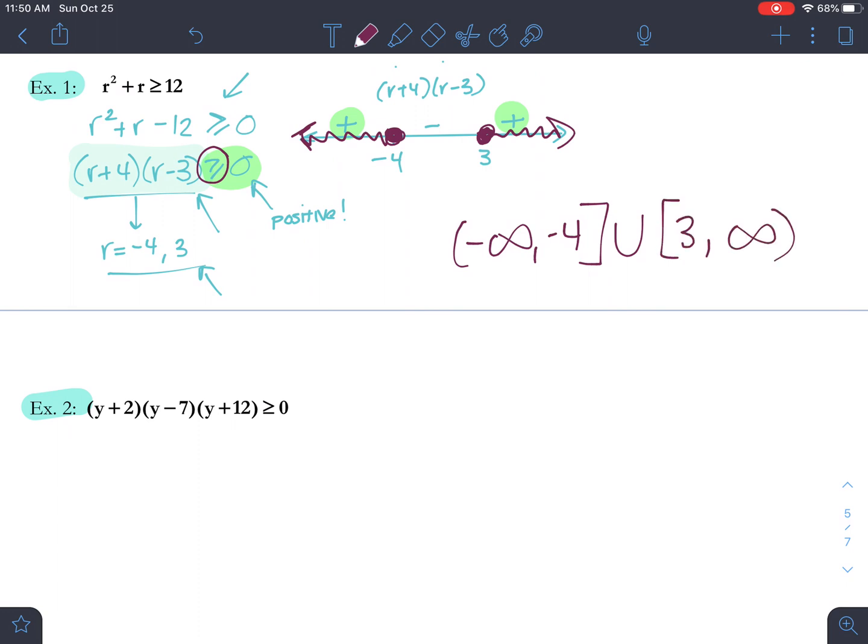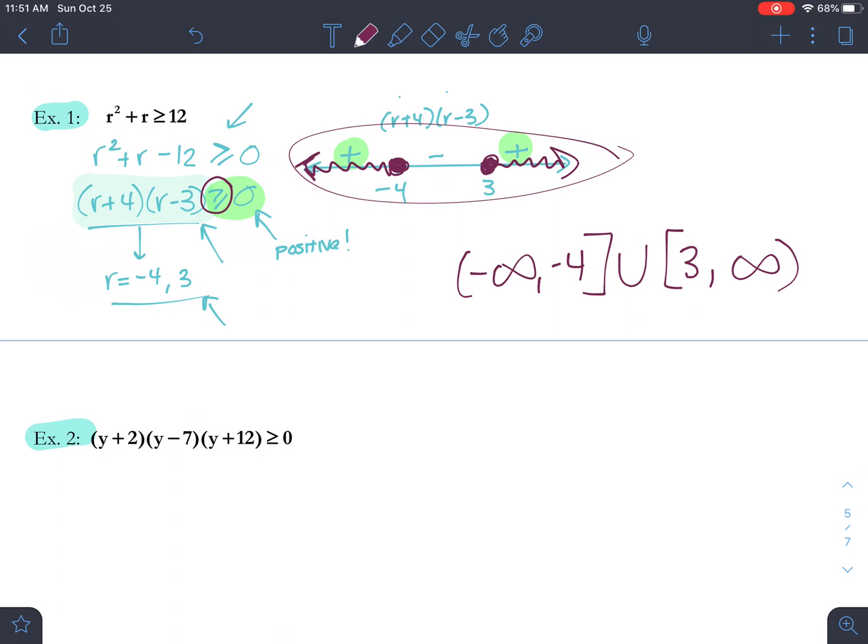If you plug in any number between negative infinity to -4 or 3 to infinity, I would get back a positive for this equation. All right, so that's how we do this. The reason I want to get it set to 0 is I don't have anything special for greater than 12, right? But greater than 0 is positive, less than 0 is negative. All right, and that's our final answer here. If it's set to graph, here's our graph, already graphed, and that's interval notation.